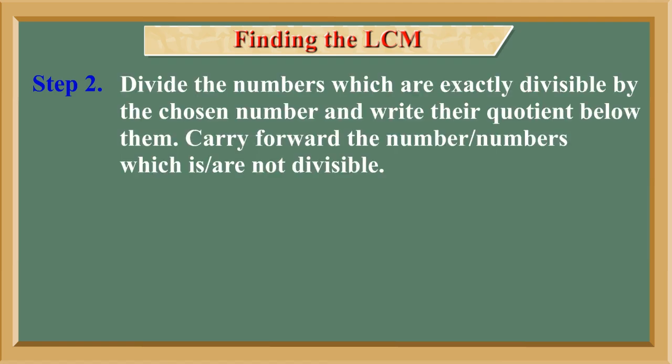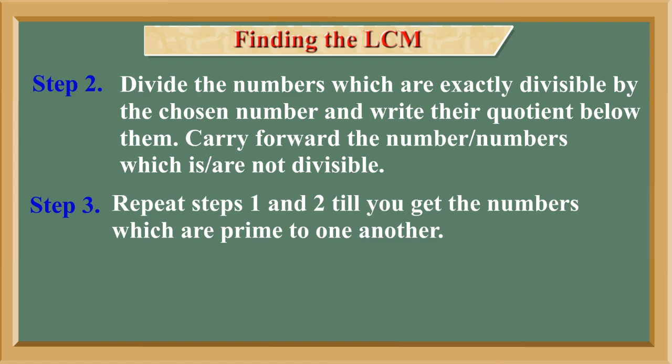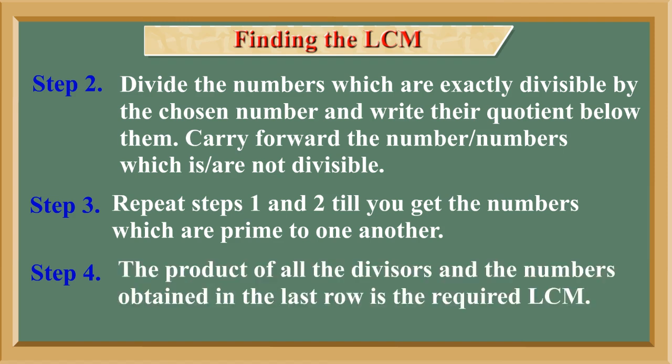Divide the numbers which are exactly divisible by the chosen number and write their quotient below them. Carry forward the numbers which are not divisible. Step 3. Repeat steps 1 and 2 till you get the numbers which are prime to one another. Step 4. The product of all the divisors and the numbers obtained in the last row is the required LCM.